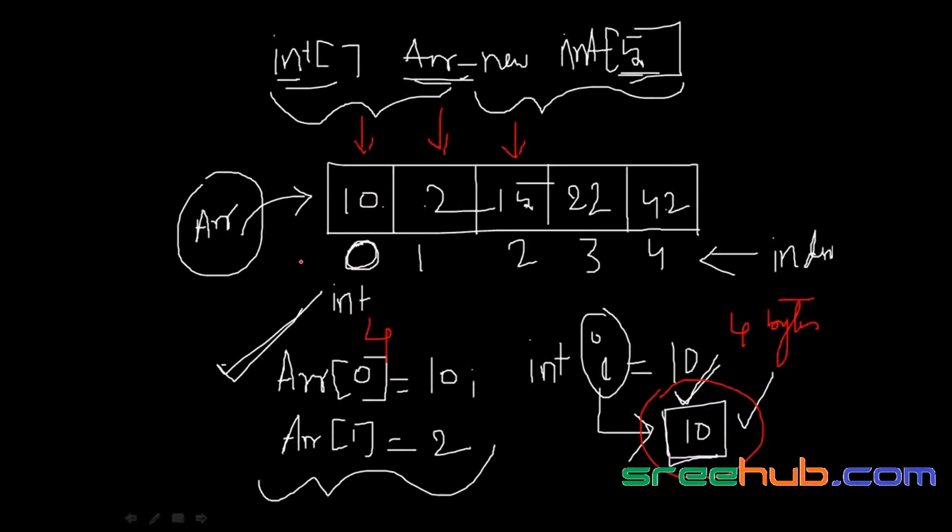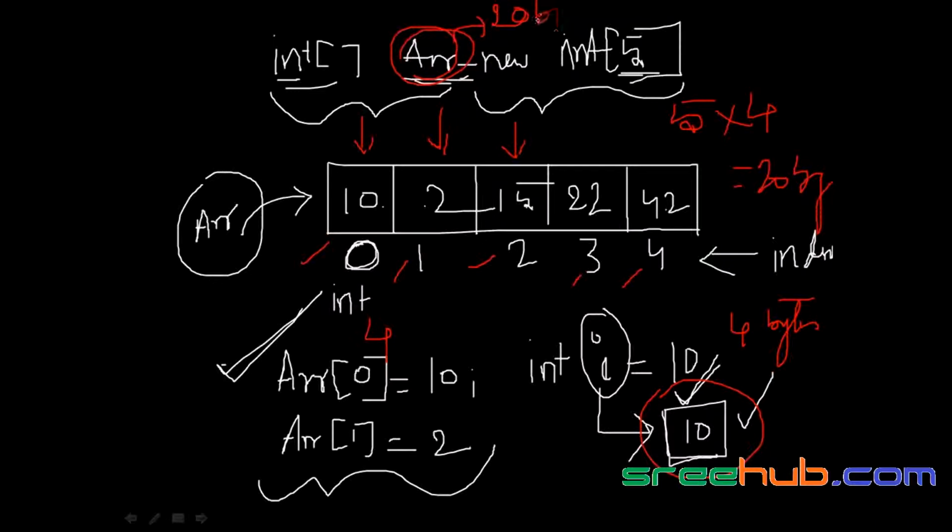If I have 1, 2, 3, 4, 5 values, which means 5 integers into 4 bytes is 20 bytes, so this single variable ARR is of size 20 bytes. Even if you fill data or not, it doesn't matter at all. Whenever you define this set, automatically your ARR is going to have 20 bytes of memory allocated. So that's how your array works.